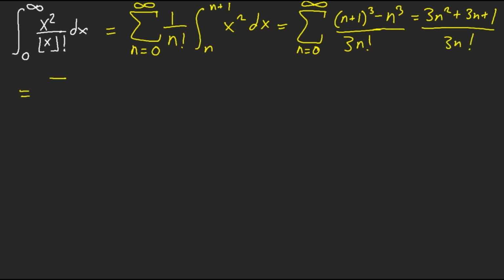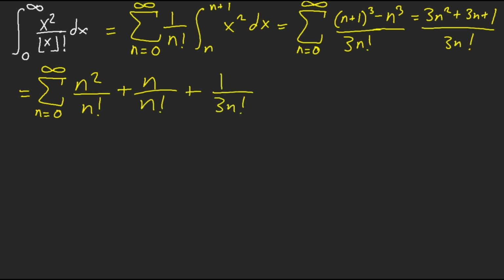So we're left with this sum, n squared over n factorial plus n over n factorial plus 1 over 3n factorial.